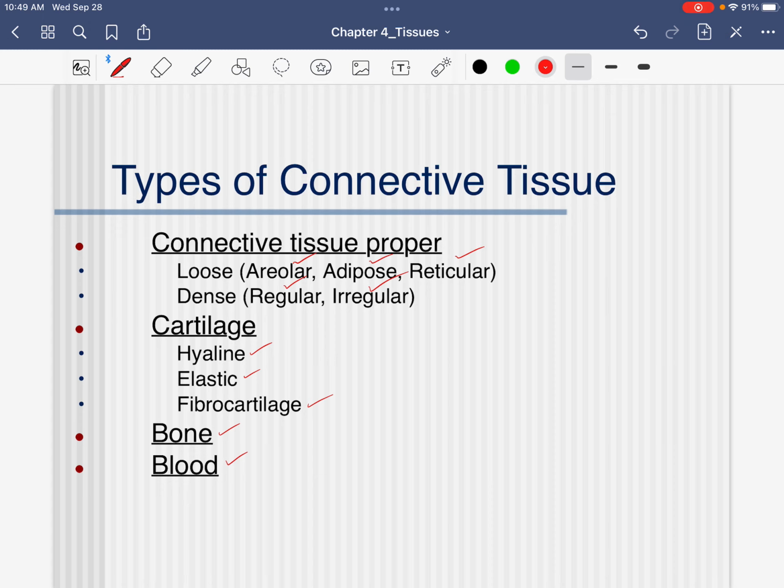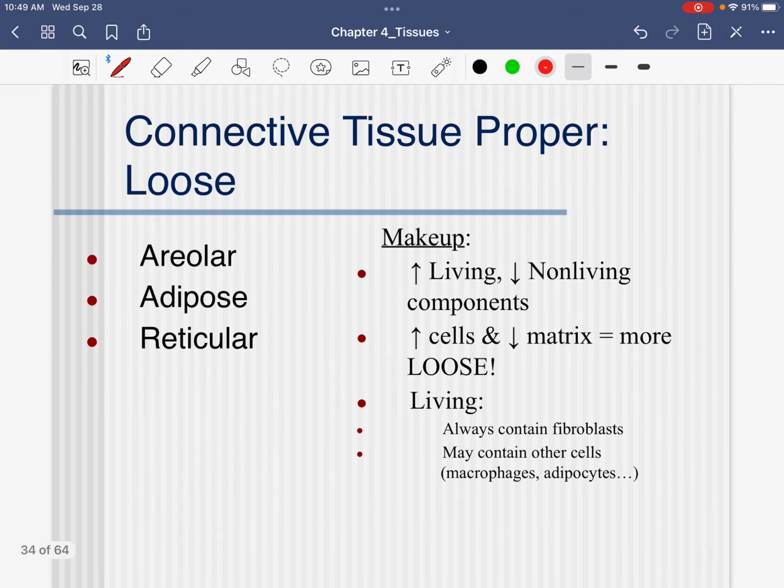All right, some are considered looser connective tissues because they're looser in their composition. Some are called dense because they're denser. So those are pretty simple descriptors, folks. All right, we're going to start with the areolar, adipose, and reticular. These are considered more of our loose connective tissues. Here's what I want to point out.